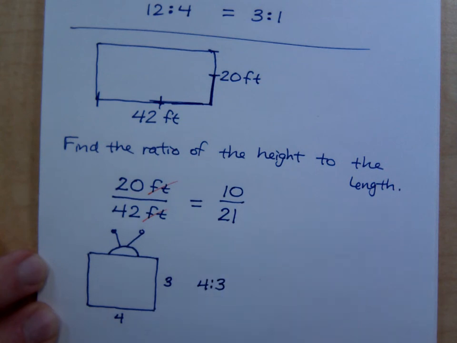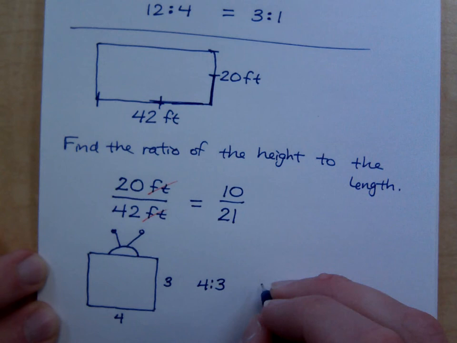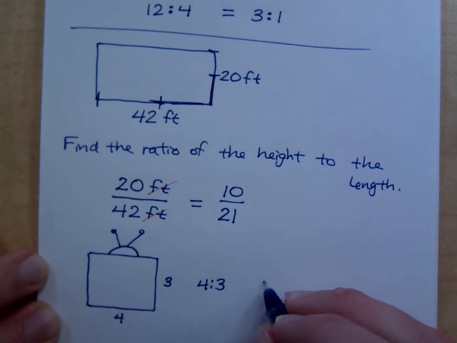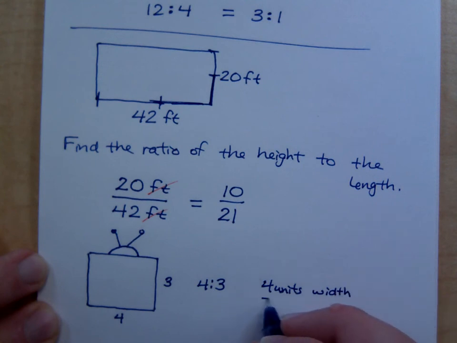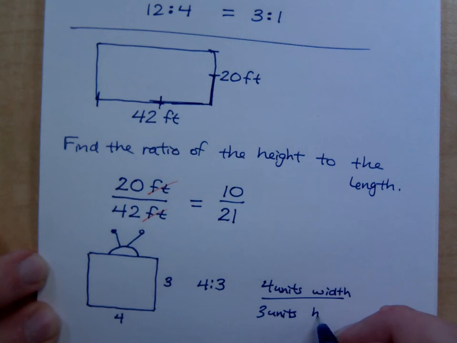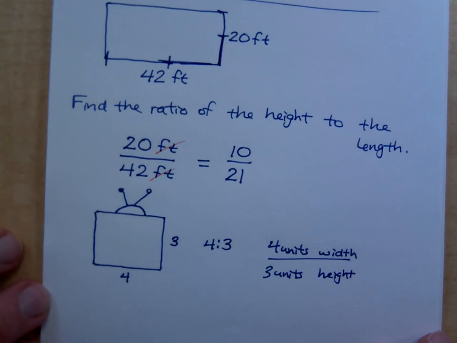What this means is that for every 4 units of width, you had 3 units of your height. That was the way the ratio worked.